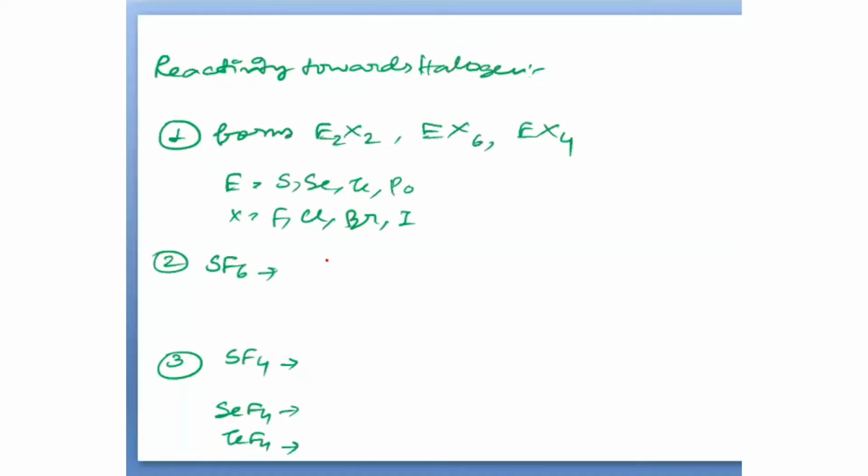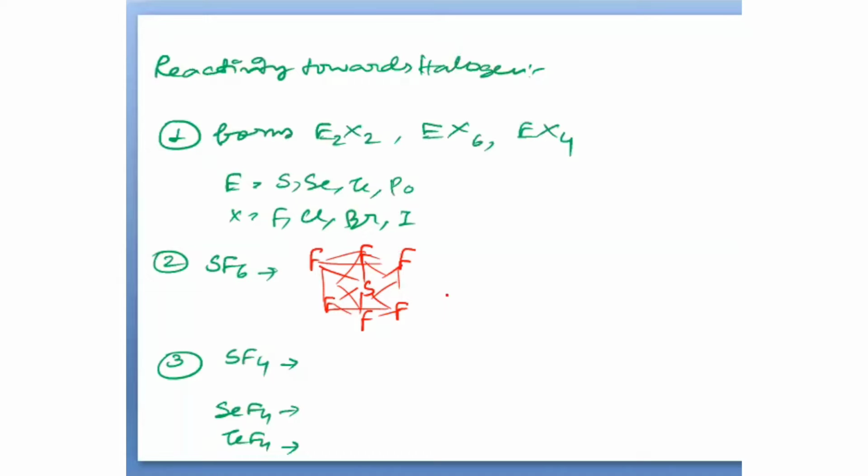Now in SF6 we already know how its structure is, right? That is octahedral. It is elaborately discussed in our hybridization videos. Please see it if you haven't seen it.